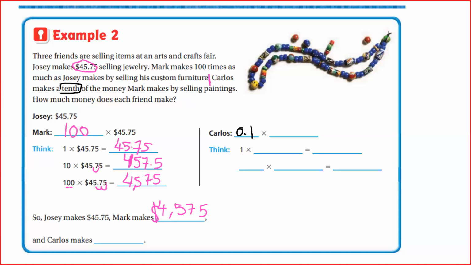How many dollars does Mark make? 0.1. No. What times what? He told me that Carlos makes 1/10 of the money Mark makes. So how many dollars was Mark making?